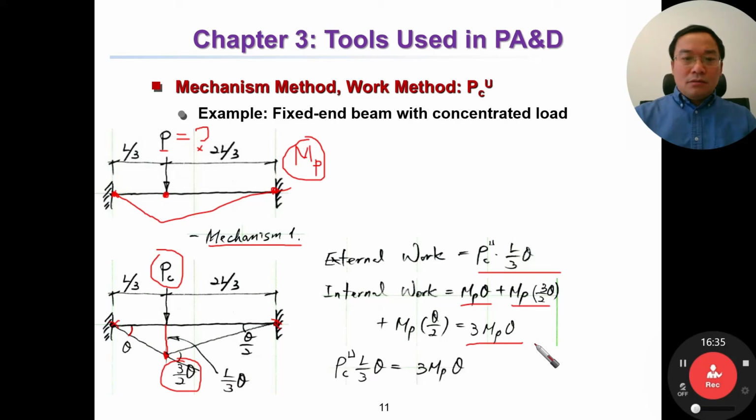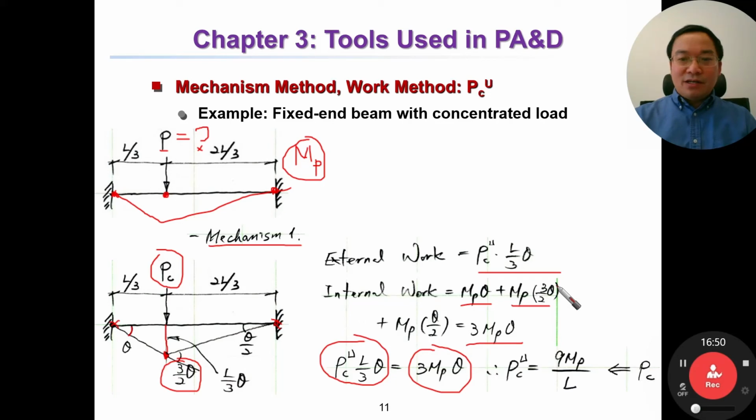Because external work equals internal work, we have this external work and this internal work. So what is unknown? PC. Here is P, and P is a function of MP.